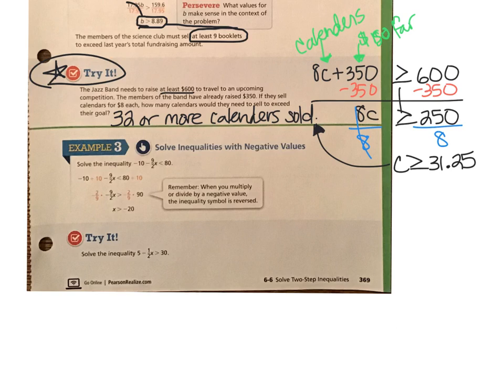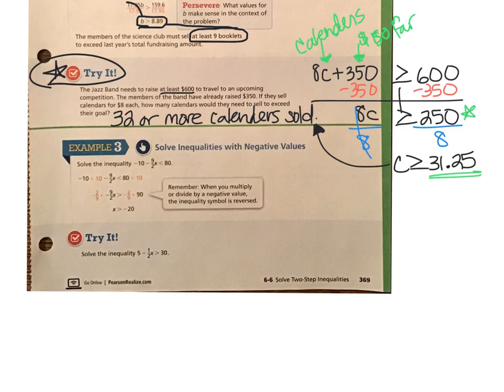Now we're going to take away from the 600 the amount that they've already raised. And what we find is that the calendar sales have to be greater than or equal to $250. Well, when I divide that amount by 8, which is the cost of each calendar, I get a decimal number, 31 25/100.